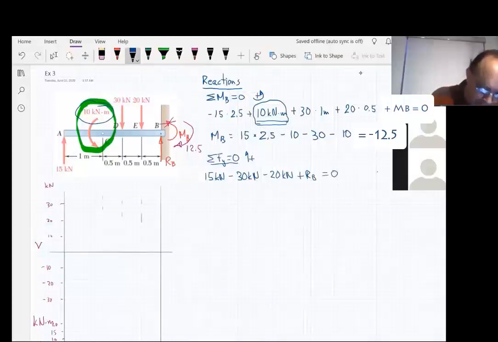Therefore, RB equals 30 plus 20 minus 15. So that's going to be 35 positive. So it means that our direction is correct. So here we have 35.